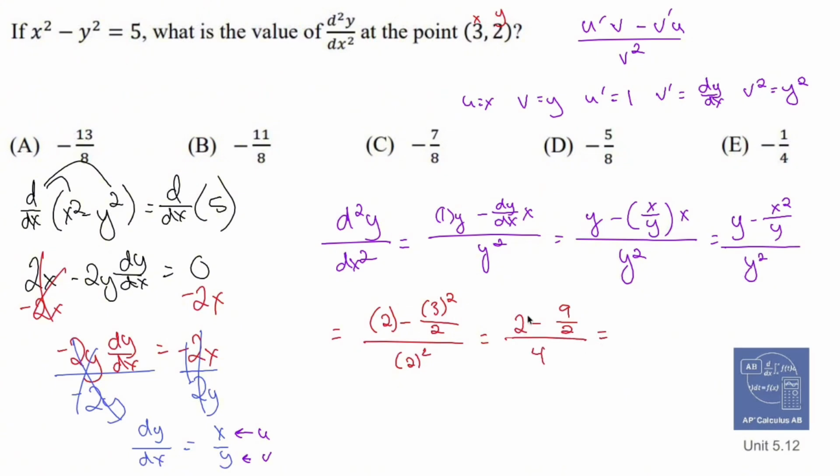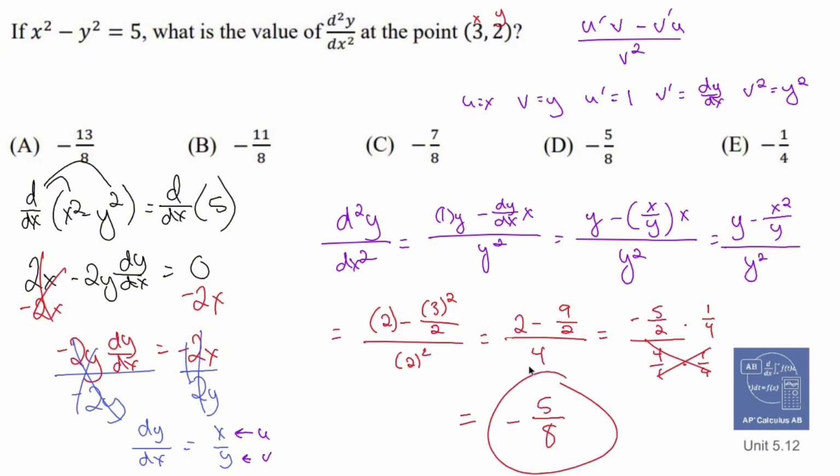Let me see, 2 is going to be 4 over 2, so 4 minus 9 is negative 5 over 2 over 4, and I'll put it over 1 so I can just multiply the top and the bottom by a fourth like that. That crosses out, and we end up with negative 5 over 8, which is u. Oh, so much fun! So much fun.